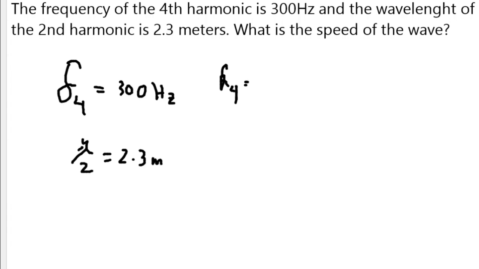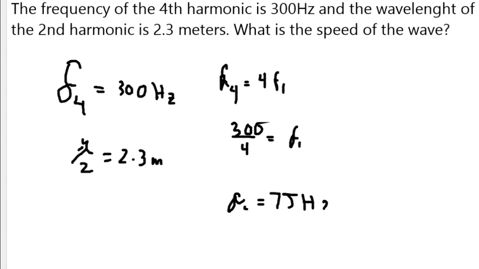So we need a frequency of 2 or a wavelength of 4. So let's just make the frequency 2. To do that, we can use this equation. We're going to calculate the frequency of 1 first. So it's going to be 300 divided by 4. It's going to be around 75 Hertz.